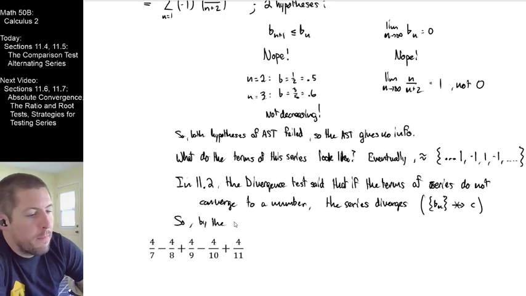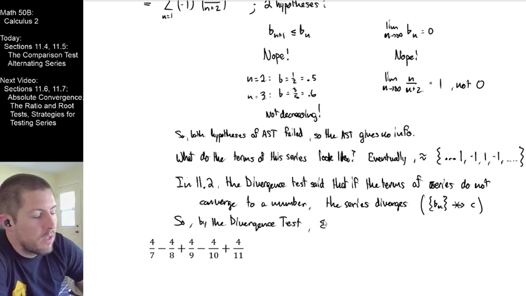So, by the divergence test, the series -1 to the n times n over n plus 2 diverges.